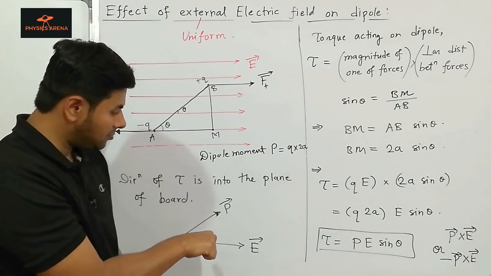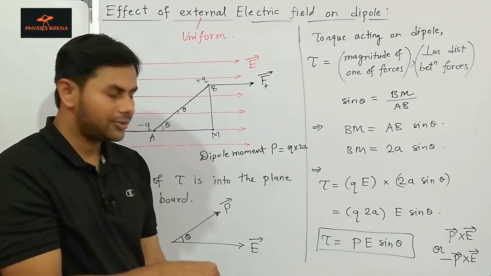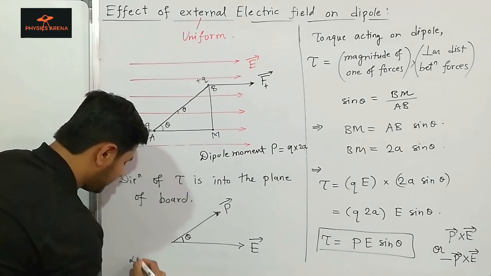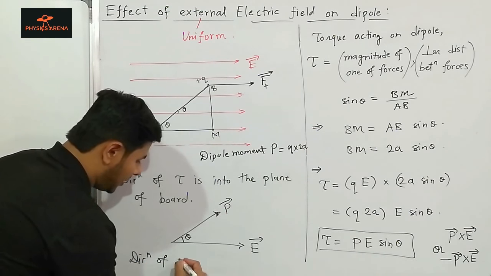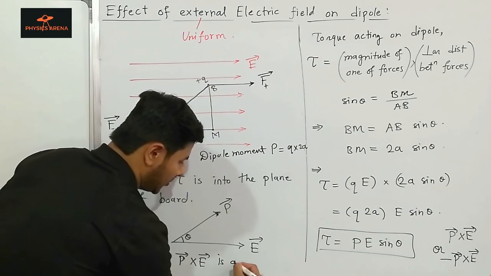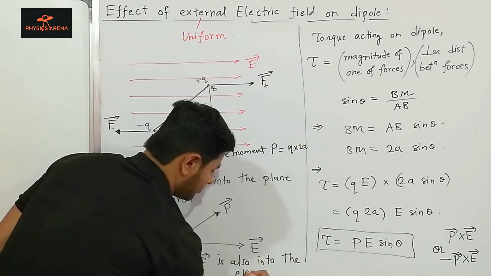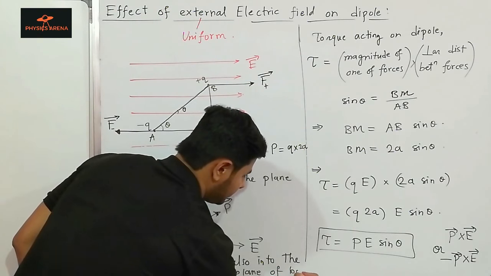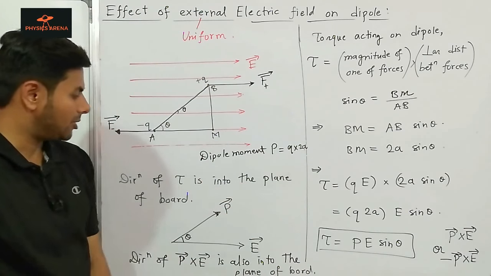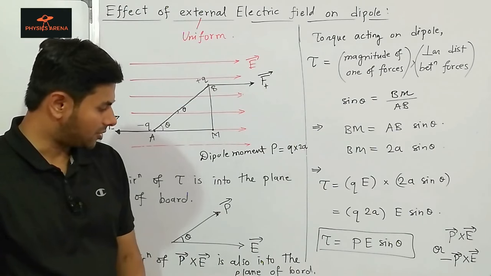The stretched thumb gives the direction of P bar cross E bar. So it is also into the plane of the board. The direction of P bar cross E bar is into the plane of the board, and the direction of tau is also into the plane of the board. So we have solved the problem of the direction of tau.